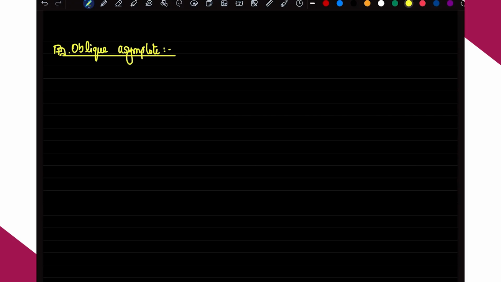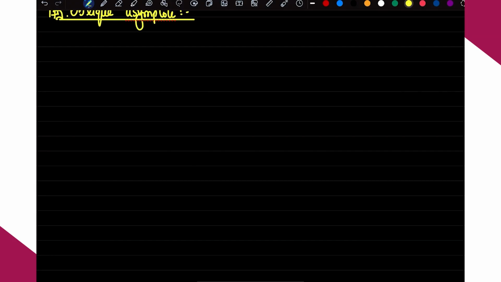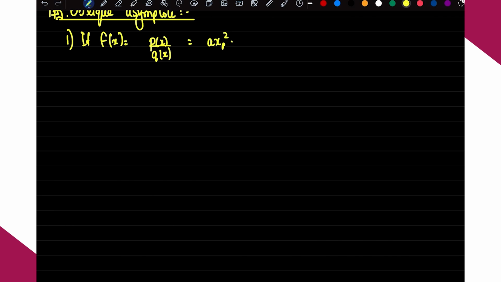So the first property is that if f of x is p of x over q of x, where the degree of p of x is n plus 1 and the degree of q of x is n, then the asymptote is oblique.